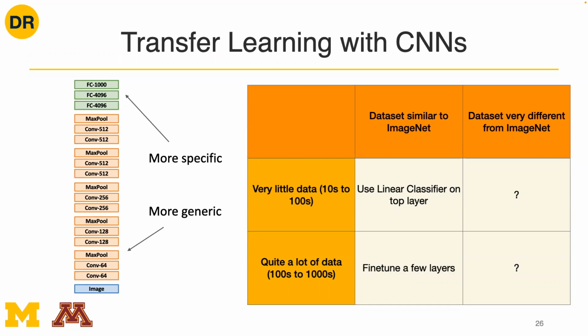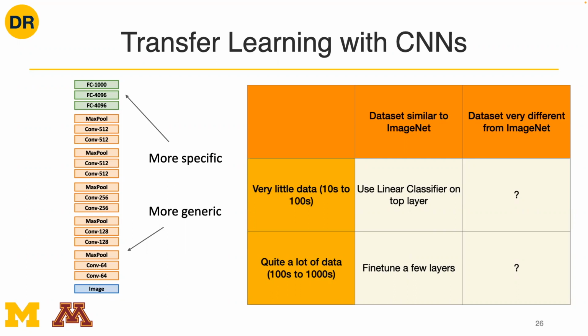If you have lots of data, which means you want more accuracy, you could train the other layers as well. You can try to increase the number of layers that you train, going from more specific to more generic layers.